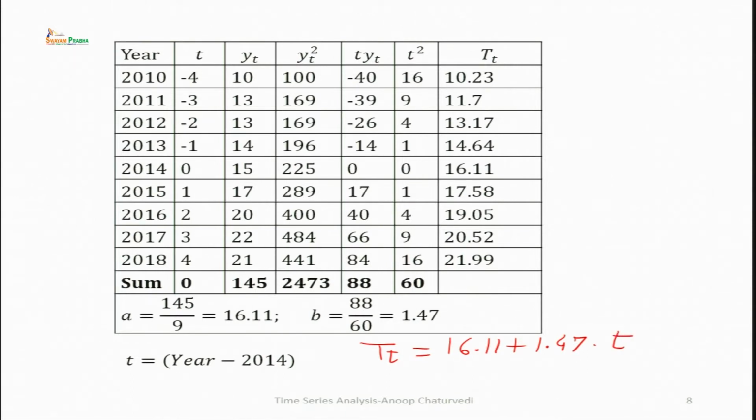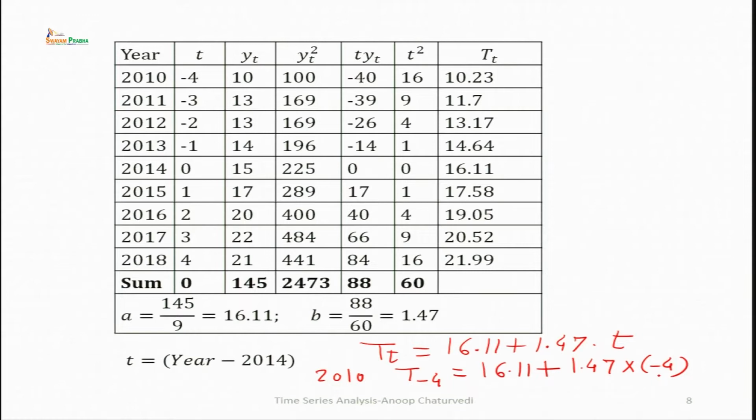Now, how can you get these trend values? For year 2010, t is equal to minus 4. So, for 2010, T minus 4 is equal to 16.11 plus 1.47 into minus 4.